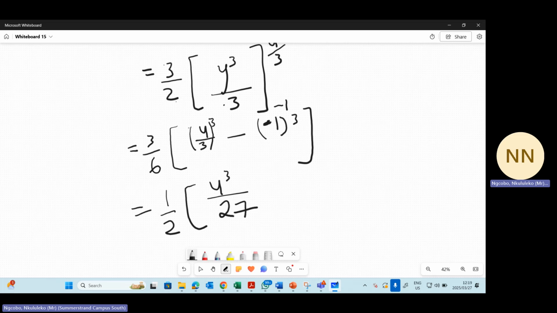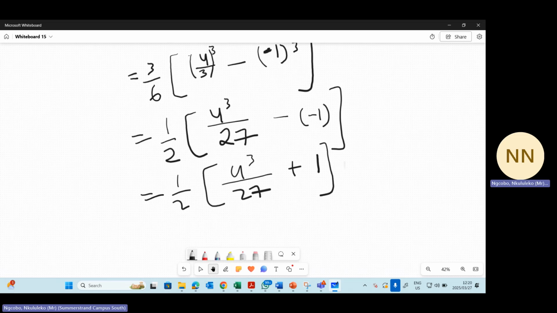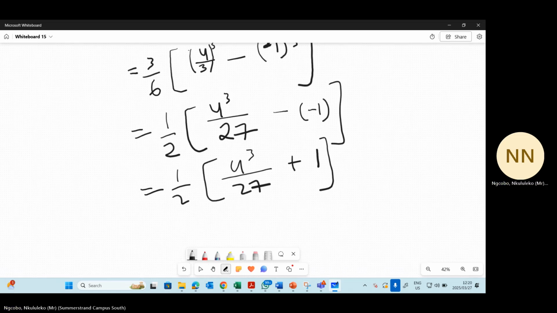Then minus the cube of -1, it's just -1, right? So this then becomes 1/2 of u cubed over 27 plus 1, right? Which then means 2 times 27 times 2.